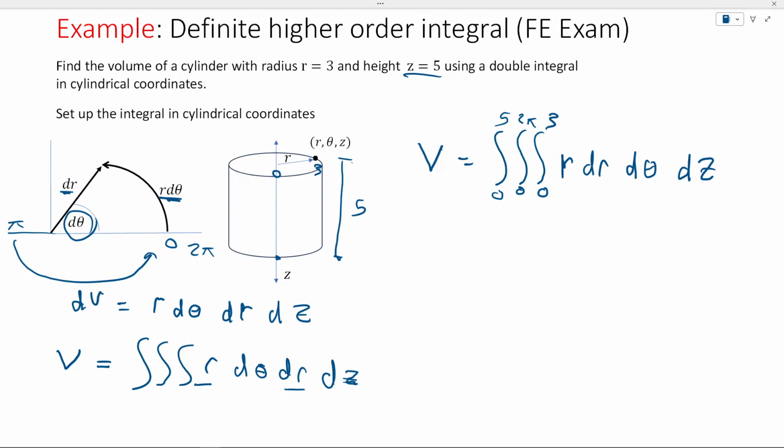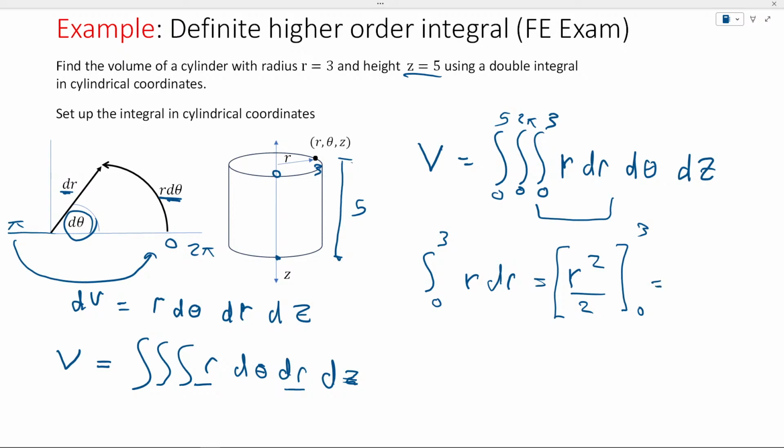So which one should we start with? Let's start with this guy. The integration of r will give me r square over 2, and then I evaluate this from 0 till 3.